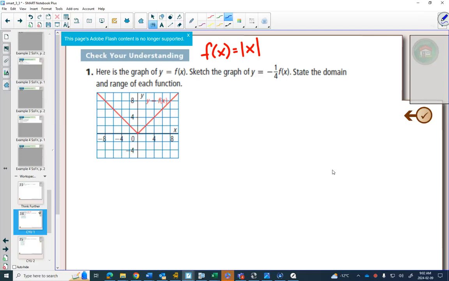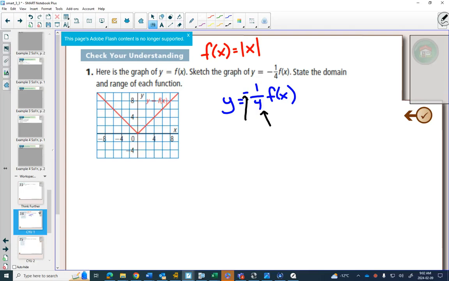As we get more and more transformations, we need to develop some techniques for doing it. And we're going to do that today. So first of all, it's always good to notice things. I have a negative, and I have a 1/4 outside of the function. Everything outside is vertical.